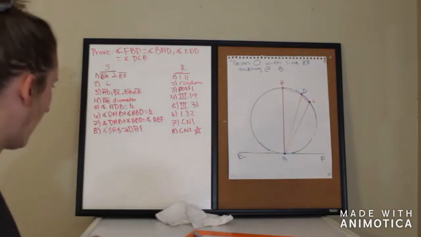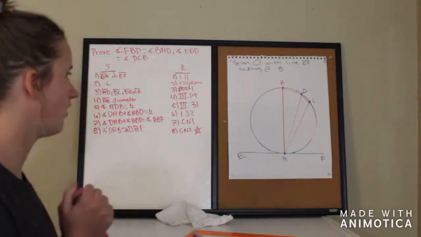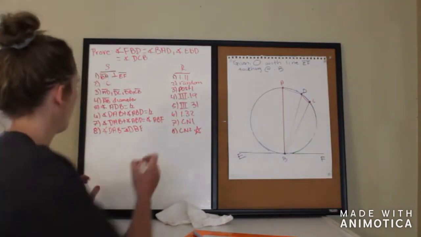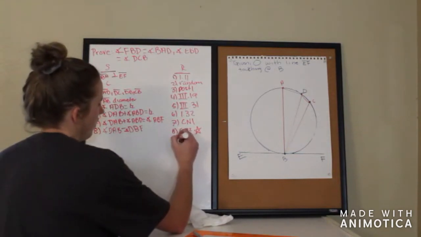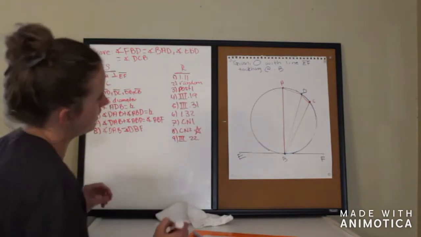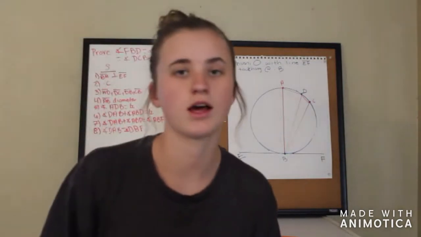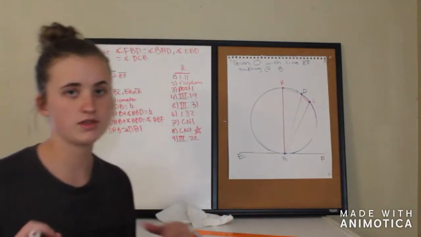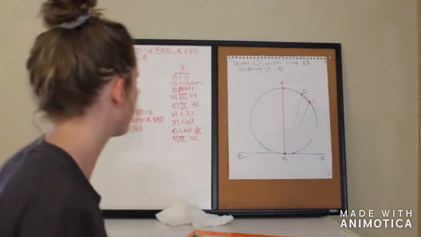Now that we've proven that, we are going to use Book 3, Proposition 22, which states that if you have a quadrilateral inside the circle, the opposite angles are going to add up to 2 right angles.